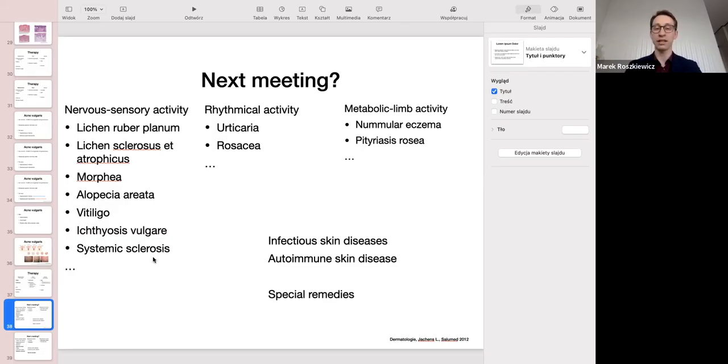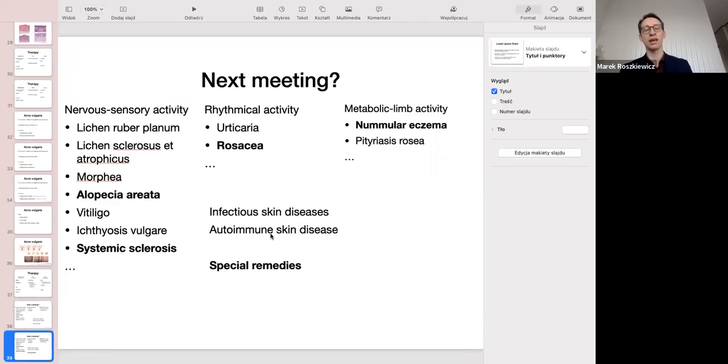And for the second meeting, I was thinking, what can I tell you about? Because now you have the basis to diagnose by yourself what kind of disease you are dealing with in the examination room. And from this, I would say, small list of different skin diseases, I was thinking about telling for sure nummular eczema, because it is very often in atopic dermatitis patients, and it is extremely difficult to treat.